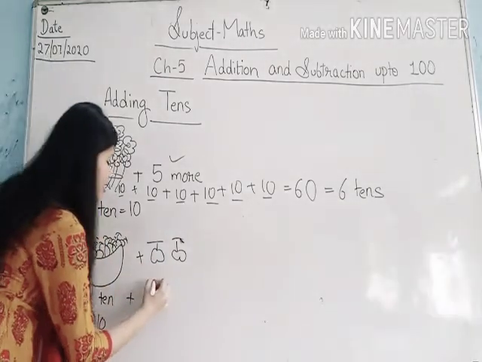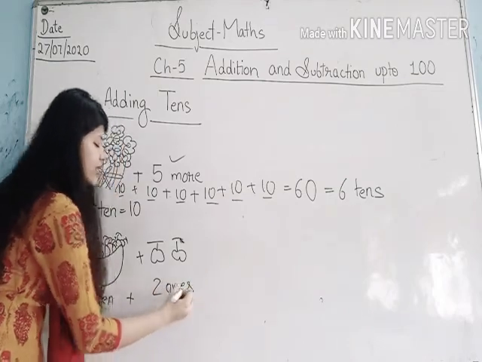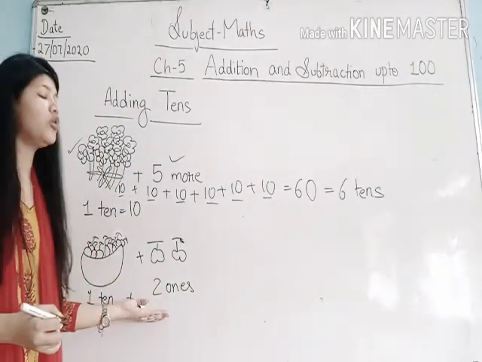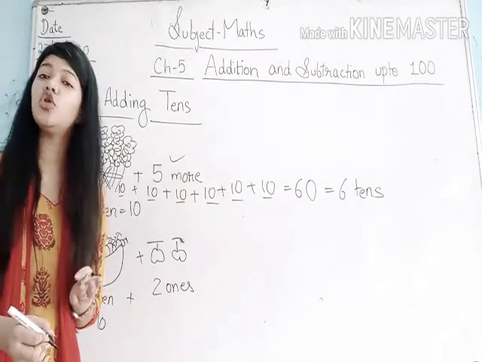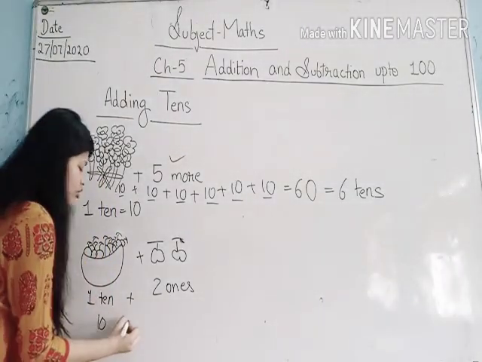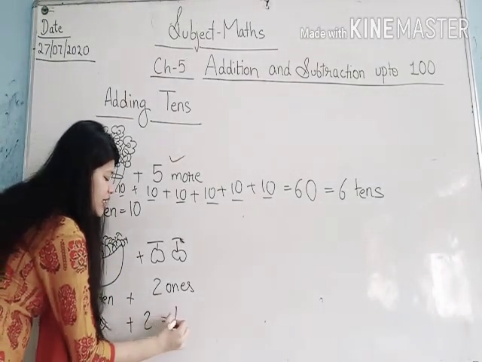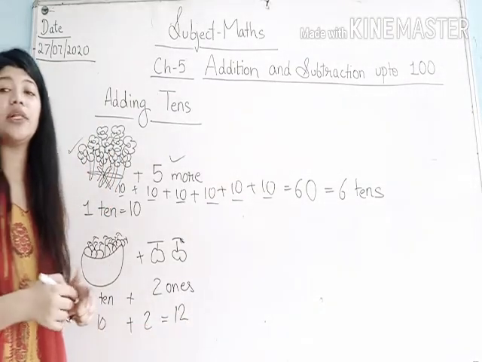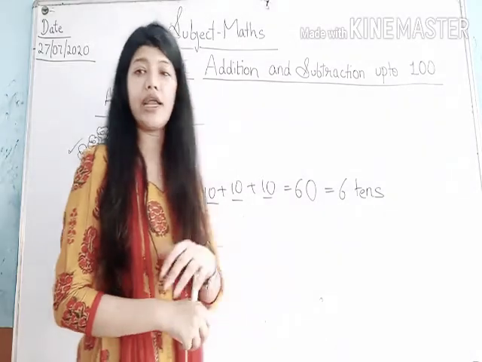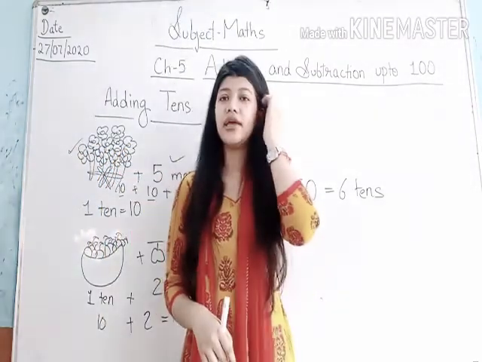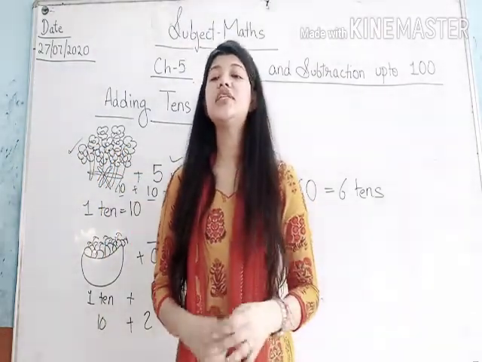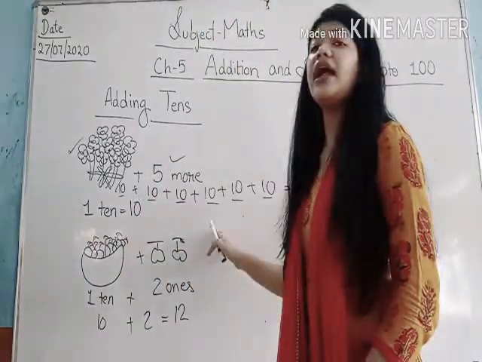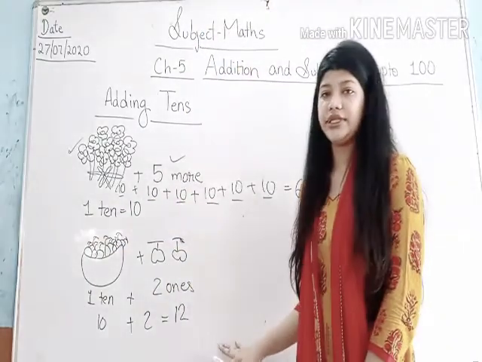How many ones are there? 2 ones, and 2 ones is equal to 2. So 10 plus 2 is equal to 12. It means there are 12 apples in all. Are you getting my point? So students, this is how we add tens and ones.